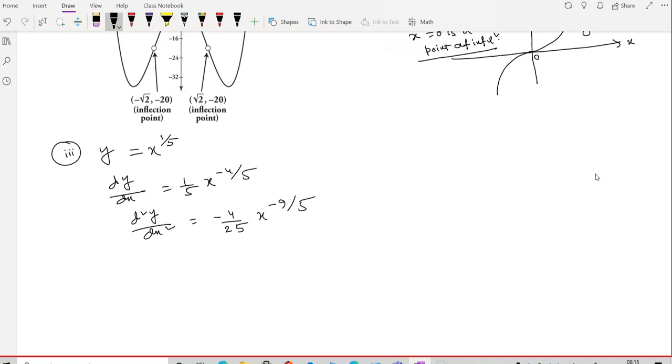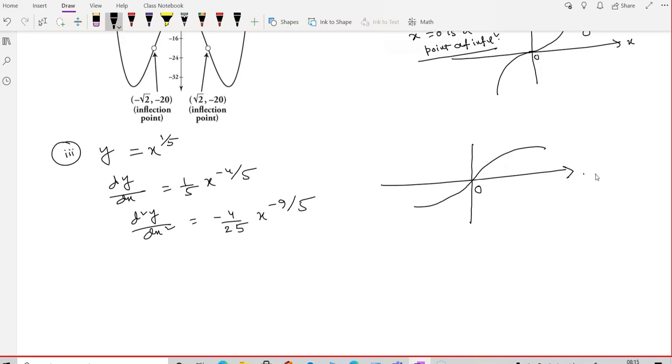So if we trace the curve here, please check with my calculation. I think the graph is going to be like this, because for x less than 0, the negative fifth root, negative times negative, will make the thing positive.